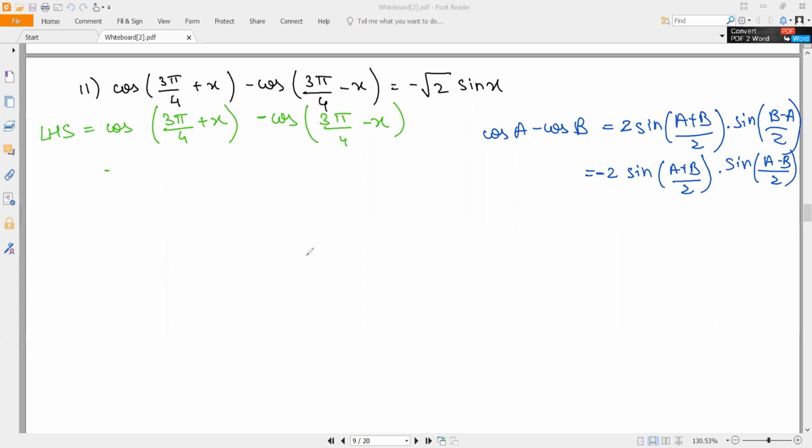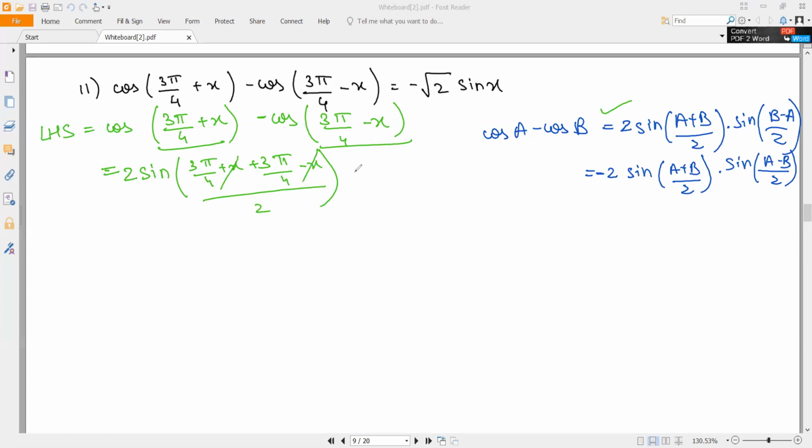So this is equal to cos A minus cos B, where A is this angle and B is this angle. We'll apply this formula: 2 times sine of A plus B, addition of the two angles, which was 3 pi by 4 plus x plus 3 pi by 4 minus x, whole upon 2.